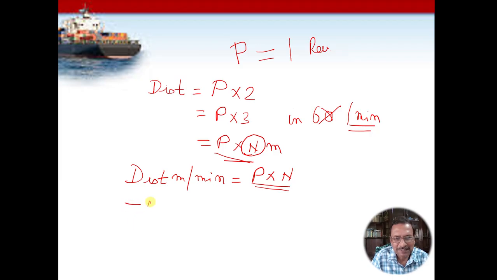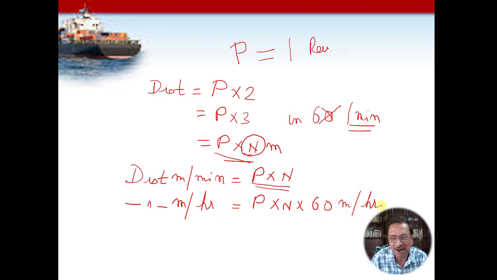So, how much would the distance the propeller moves in 1 hour, meters per hour? It would be P into N into 60. This would be the distance moved in meters per hour.